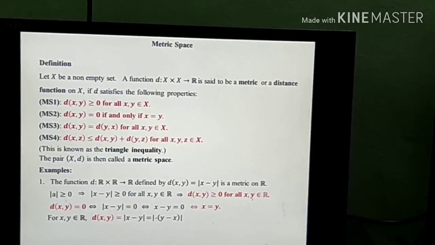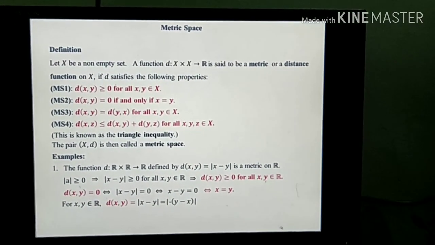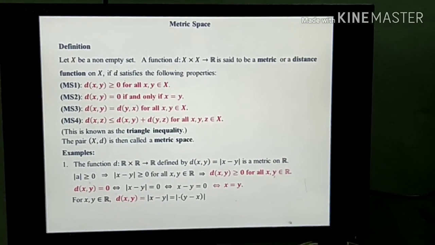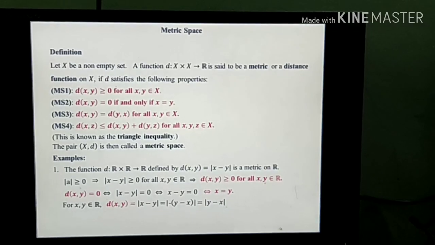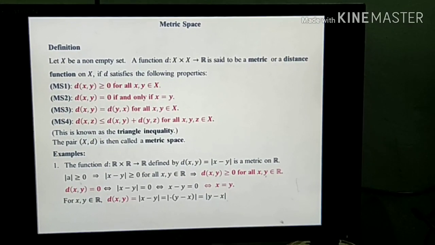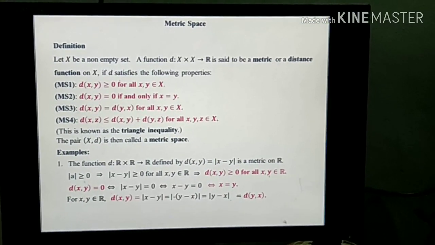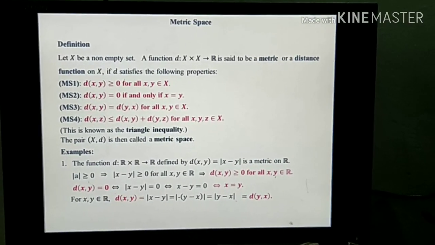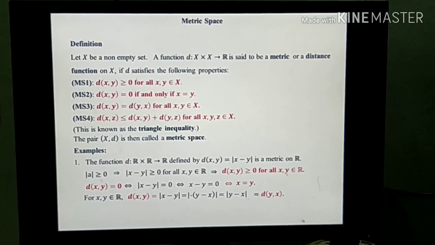As we know that the absolute values of negatives of numbers are the same, meaning the absolute value of minus a is equal to the absolute value of a, this absolute value of minus into bracket y minus x equals the absolute value of y minus x, and the absolute value of y minus x is equal to d(y,x) by our definition of D. This means that d(x,y) is equal to d(y,x) for all x, y belongs to R, and therefore D satisfies the third property, that is the symmetry property of metric also.